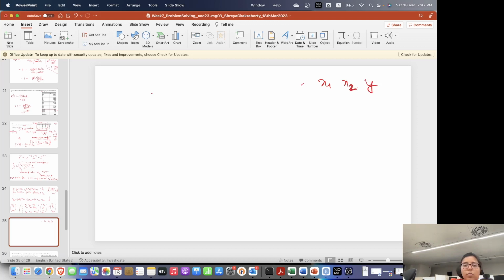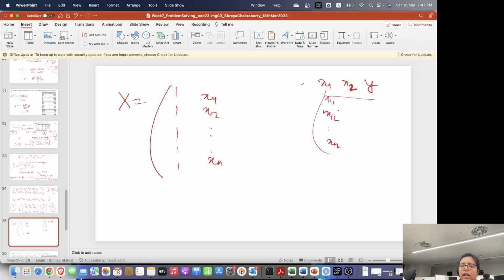So what we will do, the model matrix will be 1 1 1 1, then we will have x11, x12, x1n, and let's say this is x11, x12, x1n, some values. Okay, so we will just put x21, x22, x2n, and then we will check if there are some dependencies between these two or not.